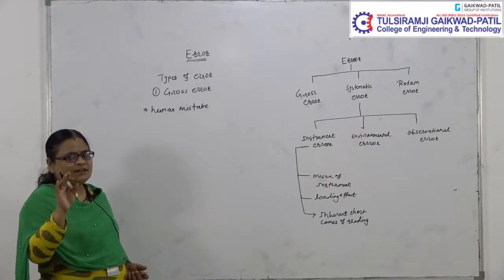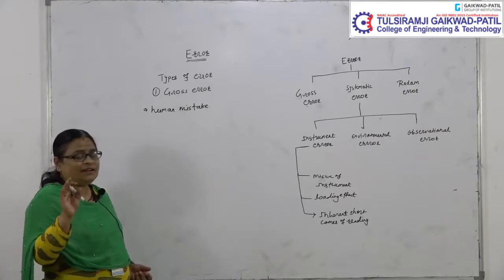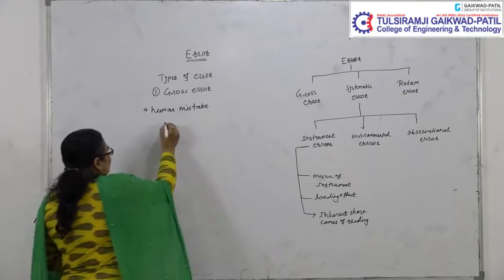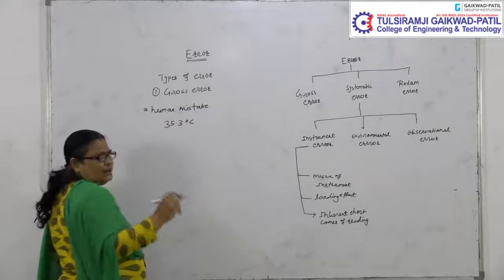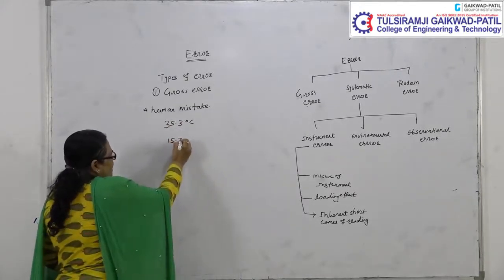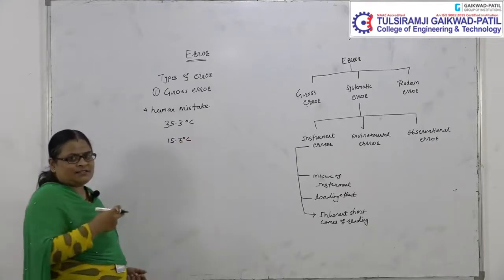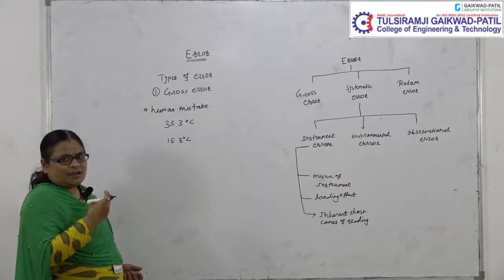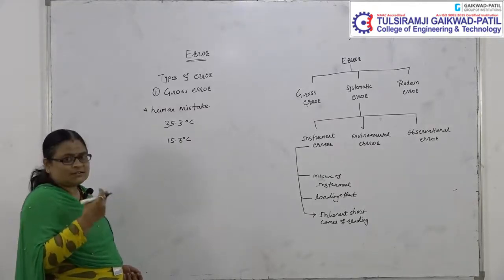We consider the temperature in Celsius. If the human takes the reading, that is 35.3 degrees Celsius, and in writing he writes down the temperature as 5.3 degrees Celsius, then that is a mistake, and this mistake is made by the human, and this comes under gross error.